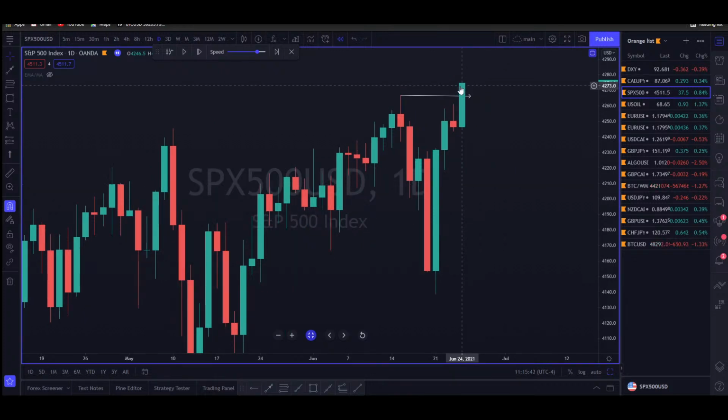Since price has never traded above 42.70, or whatever this high is, let's call it 42.66, since price has never traded up there, the fact that it broke out above it and didn't come back down for a retest, let's put a real line on there, means that you can trade for the inefficiency fill, for the gap to be filled, even though this isn't a gap. From this close to this wick, this whole section right here is an inefficiency.